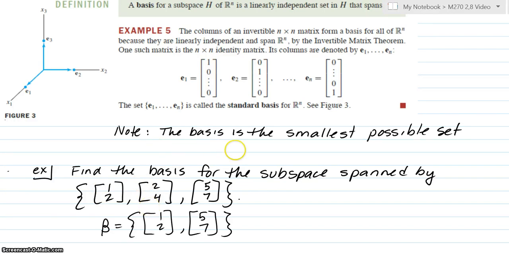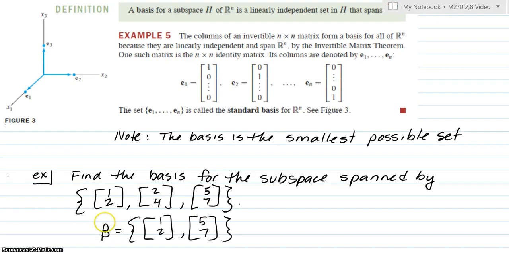Note that the basis is the smallest such set, where when you span them, you get the same thing that you would get if you spanned all three. And you will see in the next section that the Greek letter beta is what they use to denote a basis.